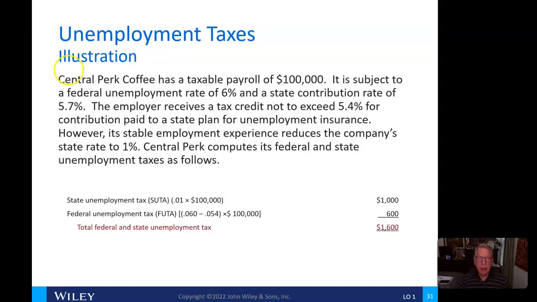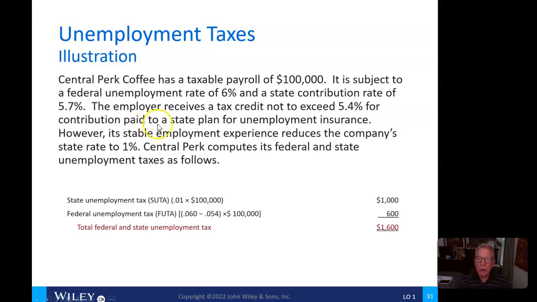Okay, let's take a look at an example here of employee taxes. Here, the Central Perk Coffee has a taxable payroll of $100,000. It is subject to a federal unemployment rate of 6% and a state contribution rate of 5.7%.